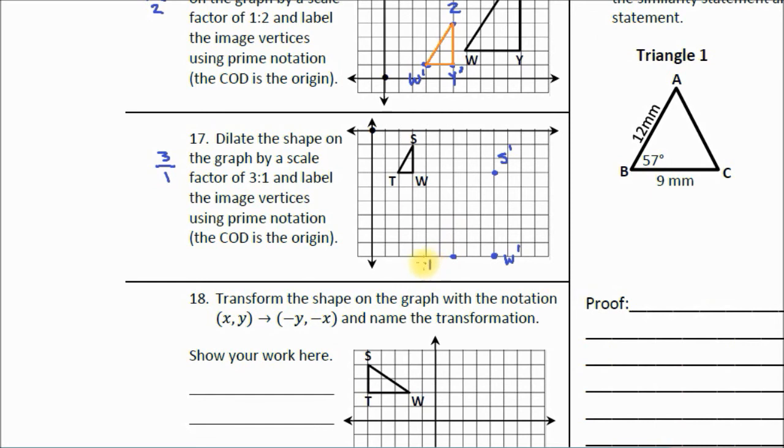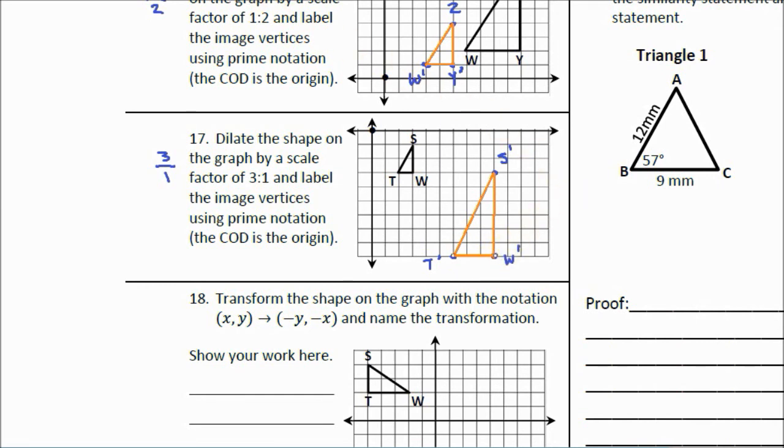So there is our T prime. Let's go ahead and connect those together. See how that looks. Here's our first line. Here's our second line. Oops, I'll try to get that lined up a little better. And that's good enough. And here's our third line.